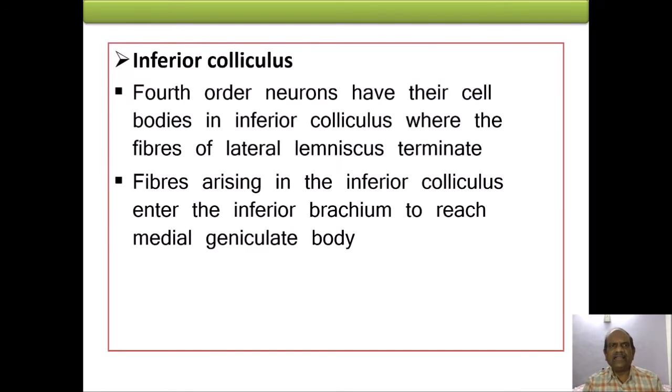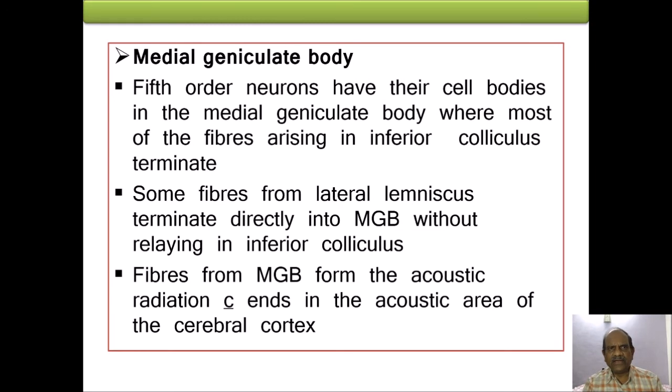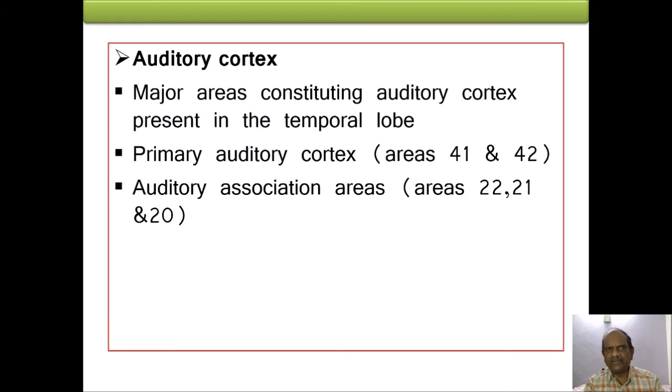Then, a very important aspect of sound perception is that the ends of the auditory pathway terminate in the auditory cortex. This auditory cortex consists of some areas.